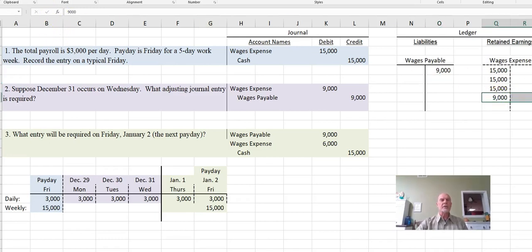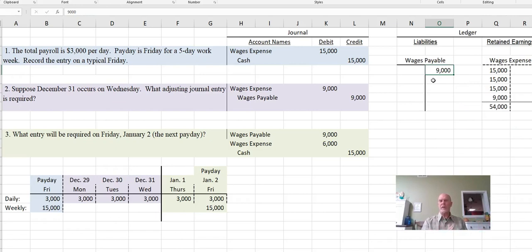So let me balance up the accounts. Wages expense adds up to $54,000. And that $54,000 of expense would go to the income statement, covering the entire year. But on the balance sheet, we would have a wages payable of only $9,000. That's all we owe the employees right now.